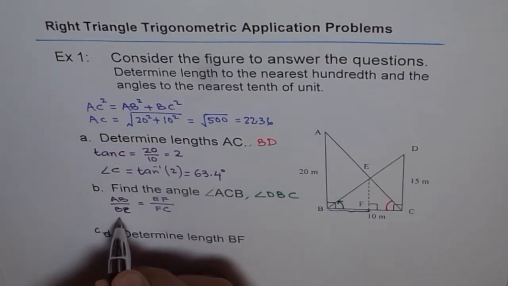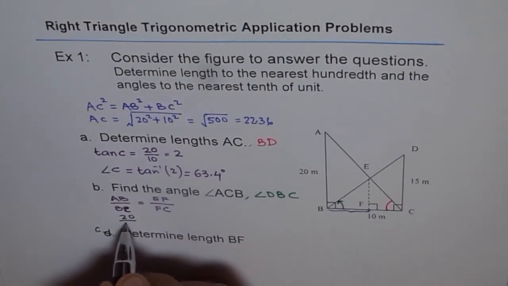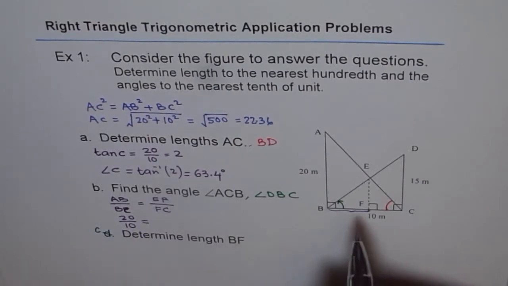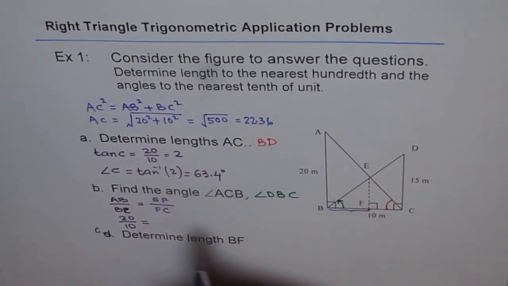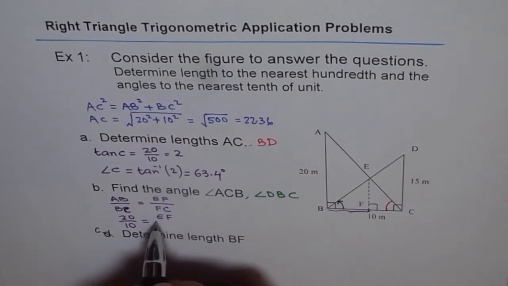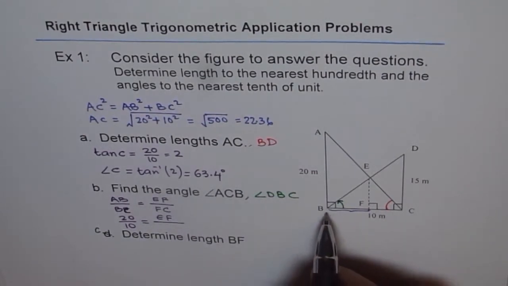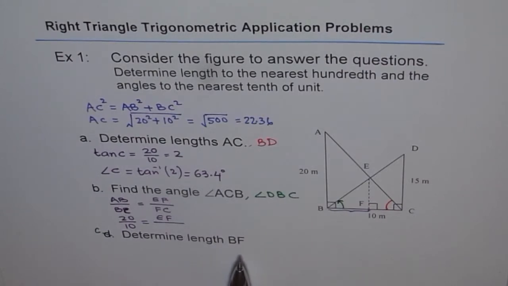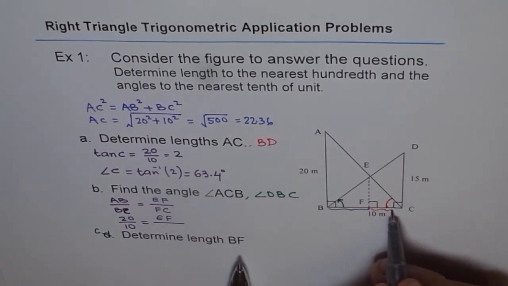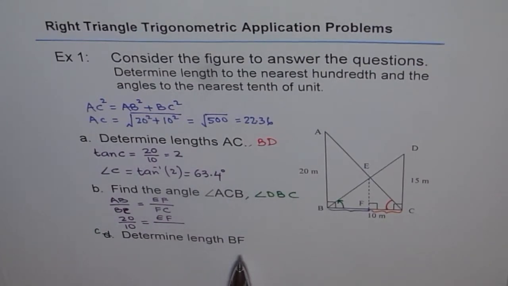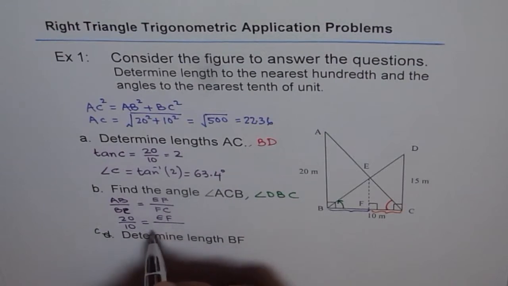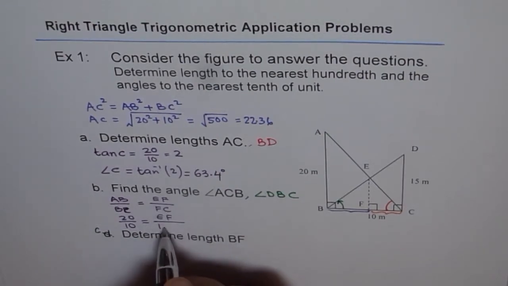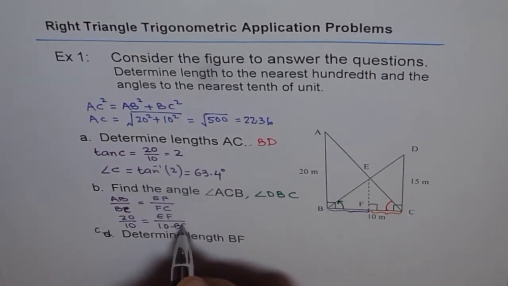So we can write this as 20 over 10 is equal to EF over 10 minus BF. Is it okay? Because what is FC? FC is this. So FC is 10 minus BF. Does it make sense to you?